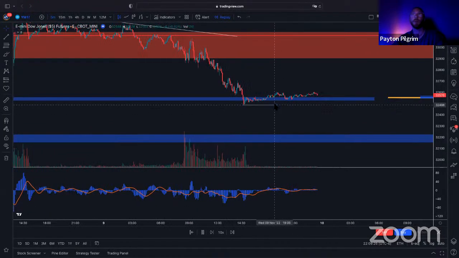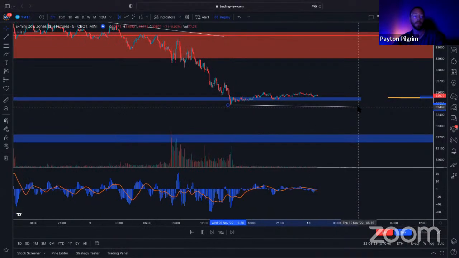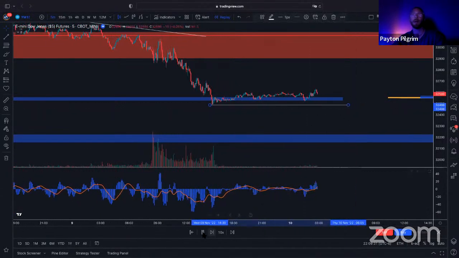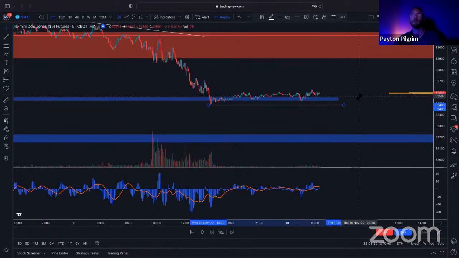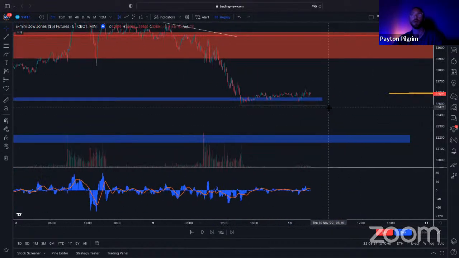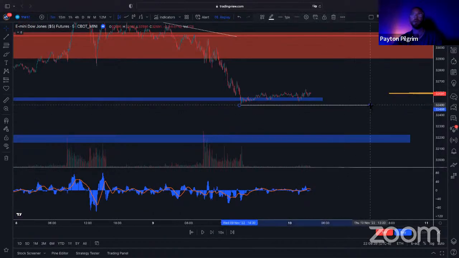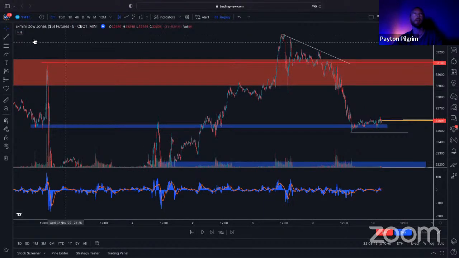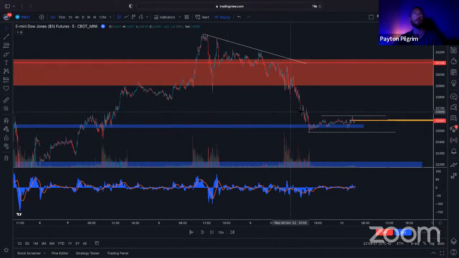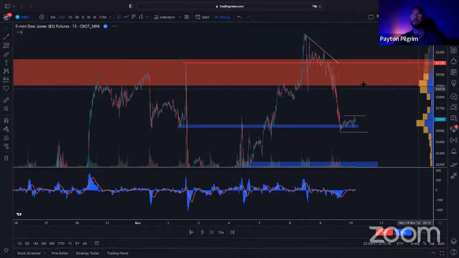So time of day will be important now. We're waiting for an important time of day. And if we can get that shorting opportunity to the next level, that'd be perfect. If not, I guess it's just in an easy range right now. So whichever way it breaks, there's a lot of clean price action, I believe, to the upside right here.